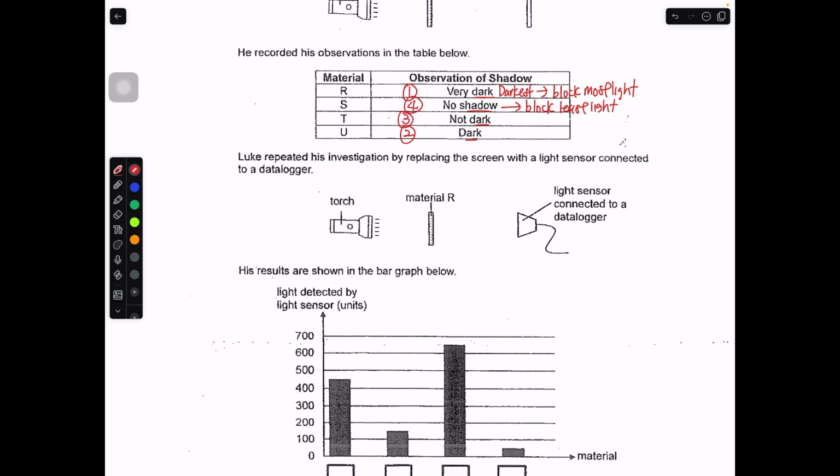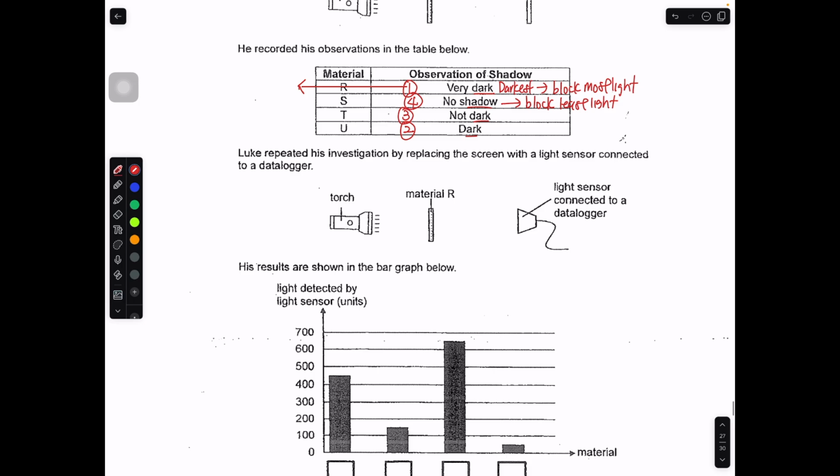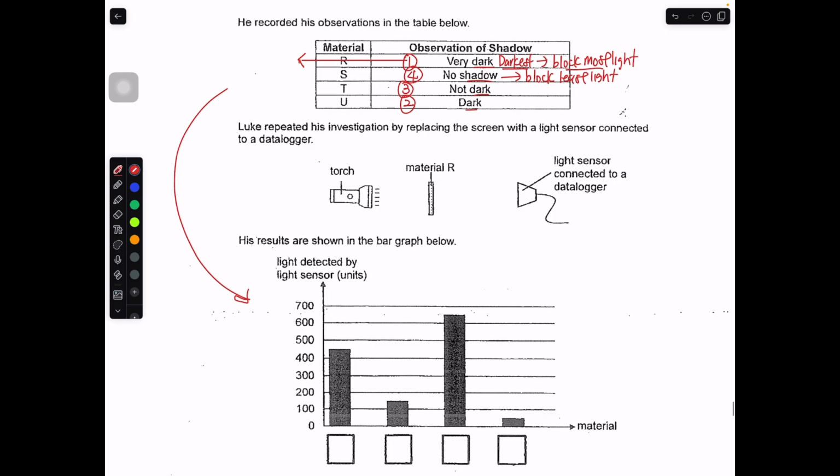So over here, what does it mean by 1? It means that the bar over here will be the, if I were to relate back to this. Okay, so if you have the darkest shadow and you block the most light, that means when the light passes through this R, you have the least light detected. Because this will block the most light.